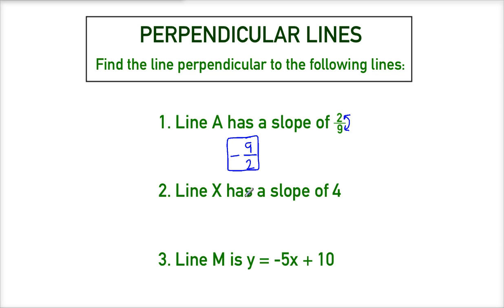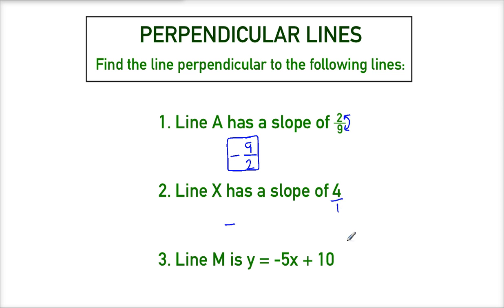Okay, line X has a slope of 4. What's the slope of a line that is perpendicular to this one? Well, remember we have to change the sign from positive, so it's going to be negative, and then we have to flip the numbers in the fraction. Well, 4 isn't a fraction, so how do I make it a fraction?